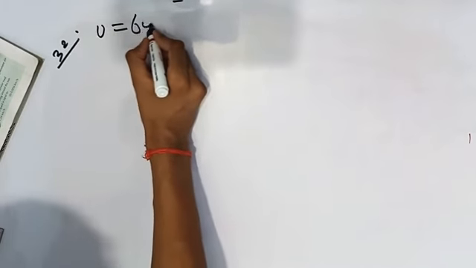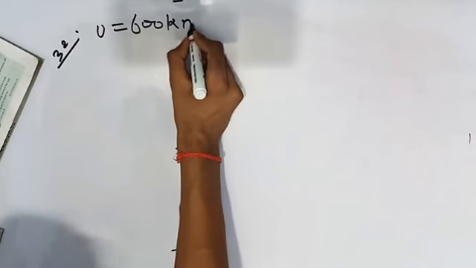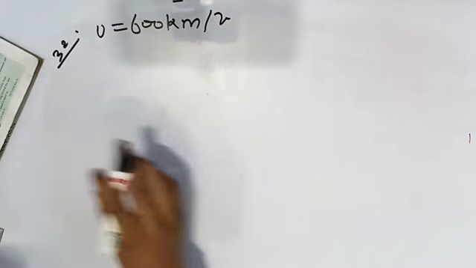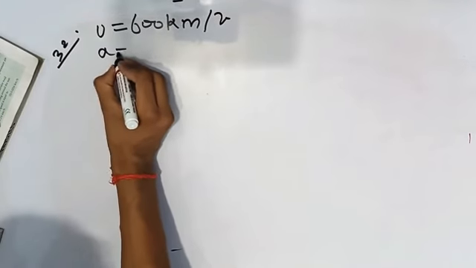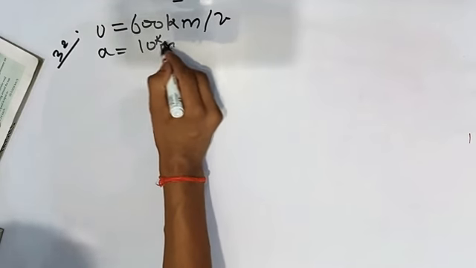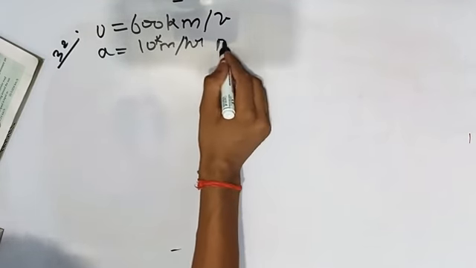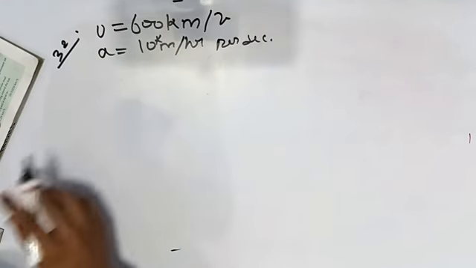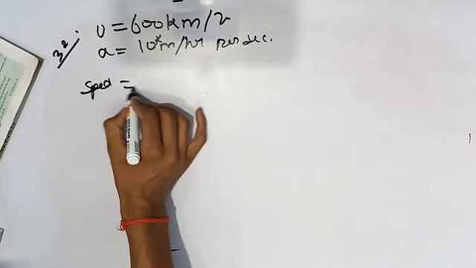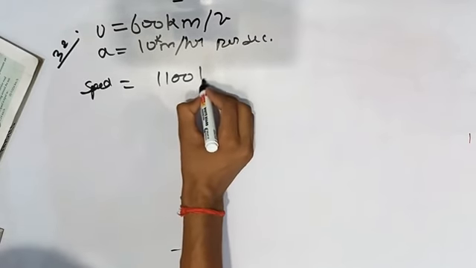Means we can say that aircraft is moving at a 600 km per hour speed, so we can say that initial velocity of the aircraft will be 600 km per hour and accelerates steadily at 10 km per hour. Means acceleration is 10 km per hour per second, and taking the speed of sound barrier, the speed of sound barrier will be 1100 km per hour.